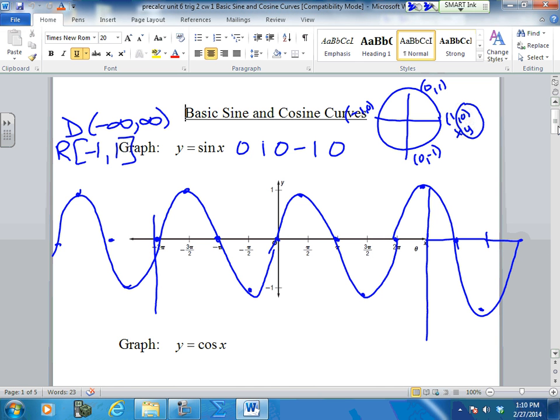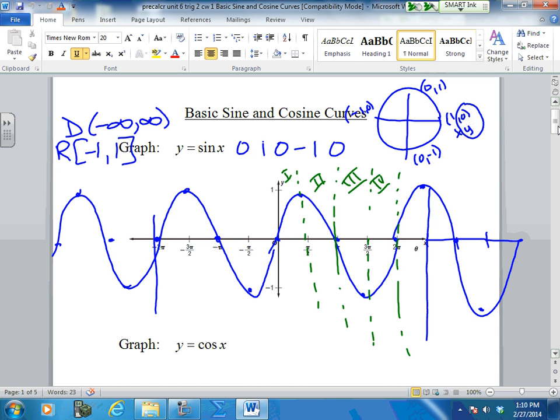Now, interestingly enough, from 0 to 90 is quadrant 1. From 90 to 180 is quadrant 2. From 180 to 270, quadrant 3. And 270 to 360, quadrant 4. Now we can trace where your sine is positive and negative.